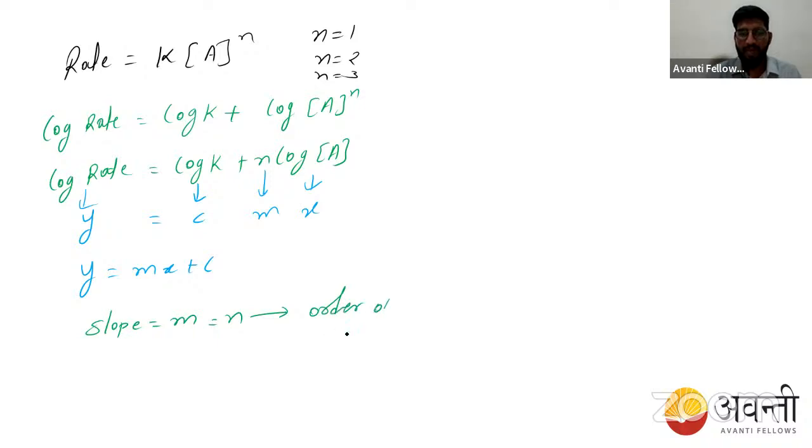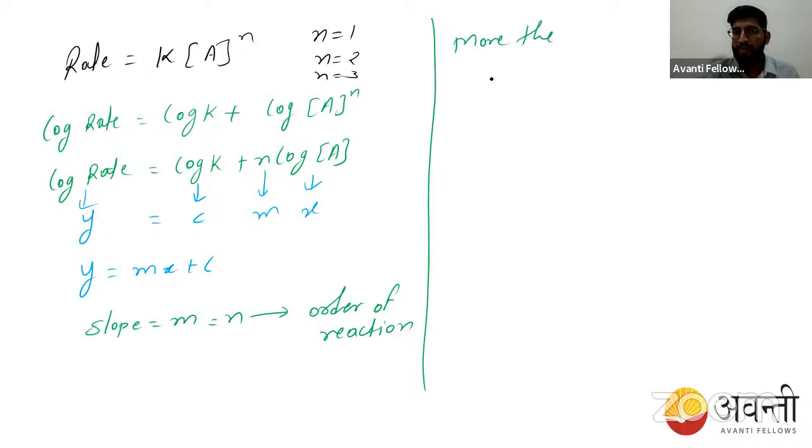So slope value is nothing but the order of the reaction. So the higher the slope, the higher the order.